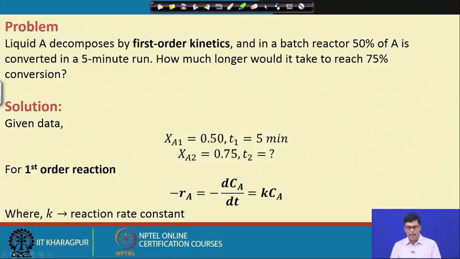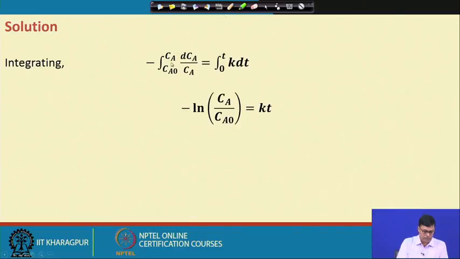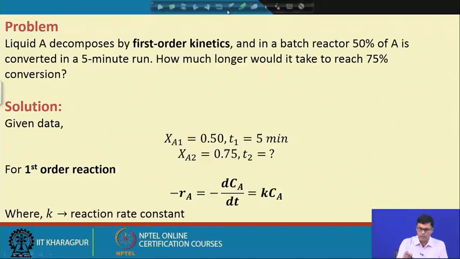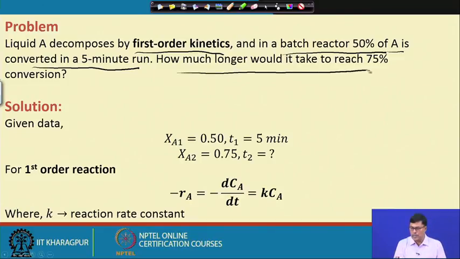The next problem that we have is: a liquid A decomposes by first order kinetics, and in a batch reactor 50% of A is converted in 5 minutes. How much longer will it take for 75% conversion?